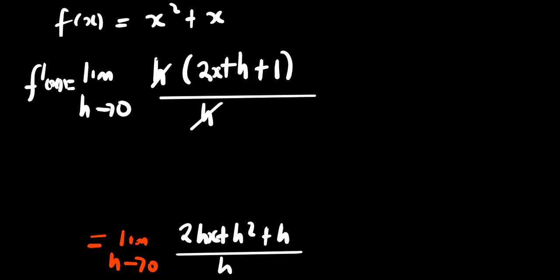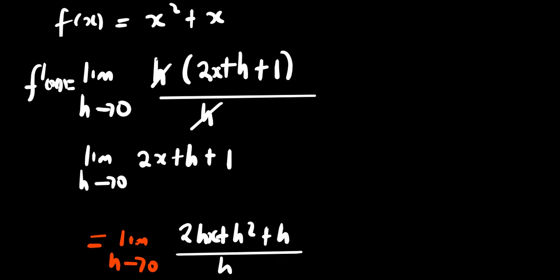So I'm going to remain with a 2x there. So what do we now have? We are going to have the limit as h is approaching 0. On top we've remained with 2x plus h plus a 1.